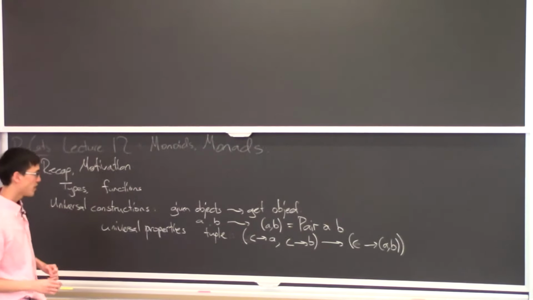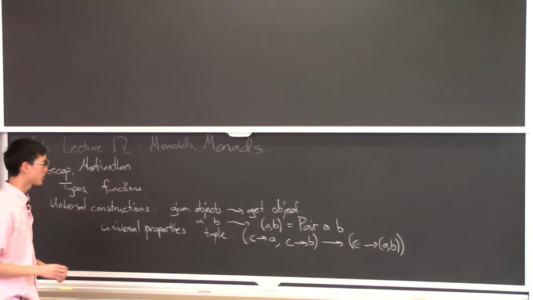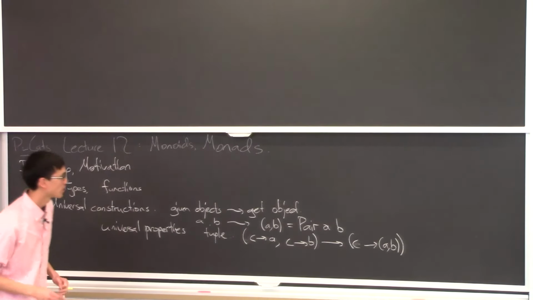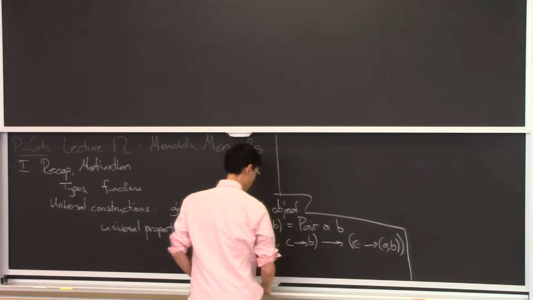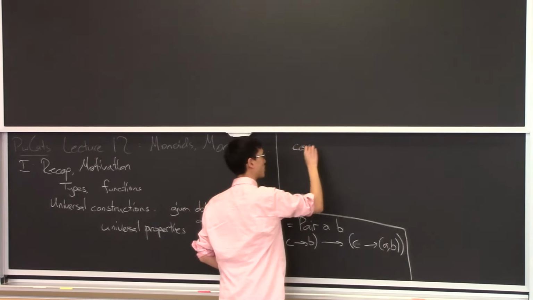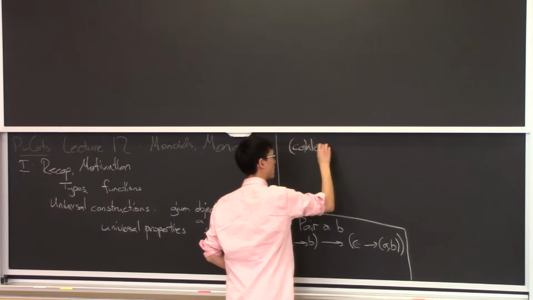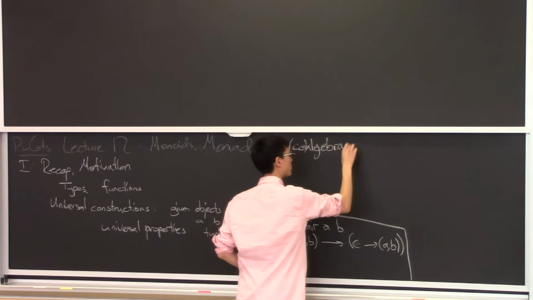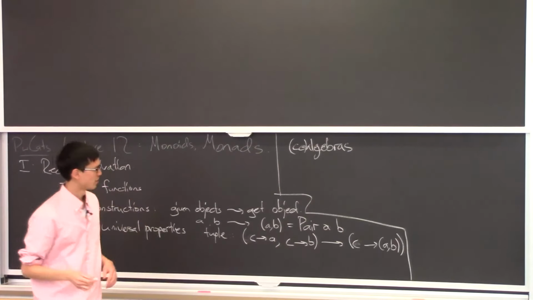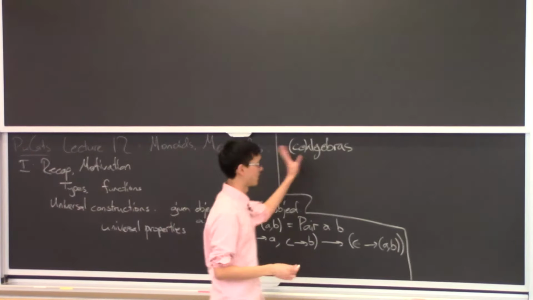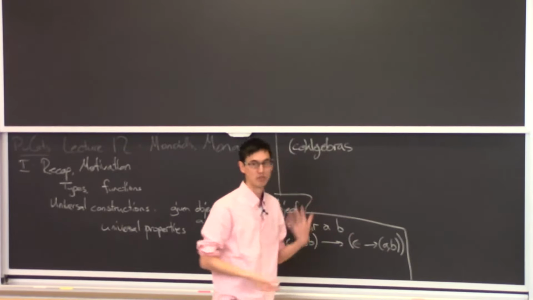OK. Then after universal constructions, we talked about algebras and coalgebras for a functor. We talked more about algebras, but we made this observation, in particular David on Wednesday made the observation that you can dualize this, and it has a more infinitary nature.